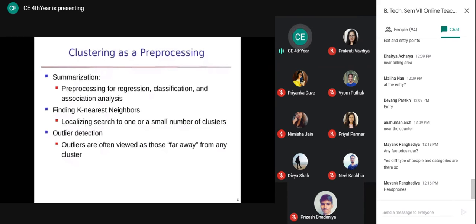The first is summarization, where you can pre-process your data for regression, classification, or association rule mining. How? We know that whenever we have data, and if the data is approximately representing a line, we'll generally go for linear regression.